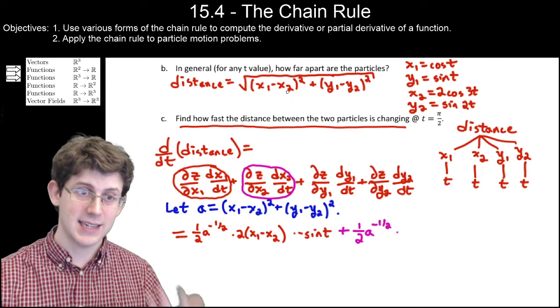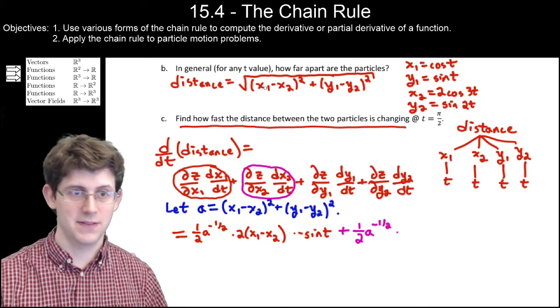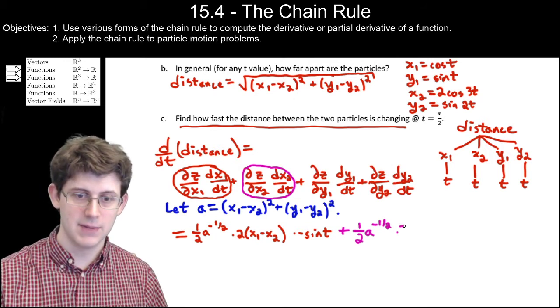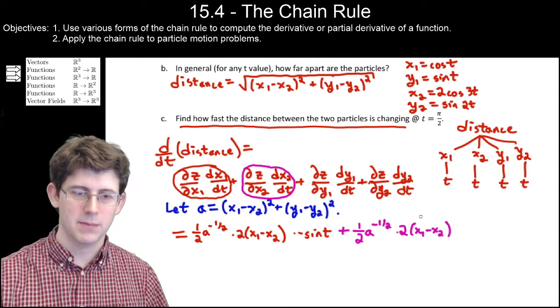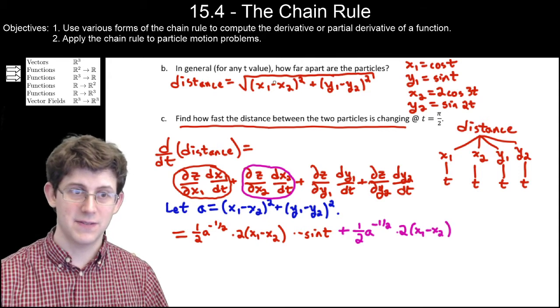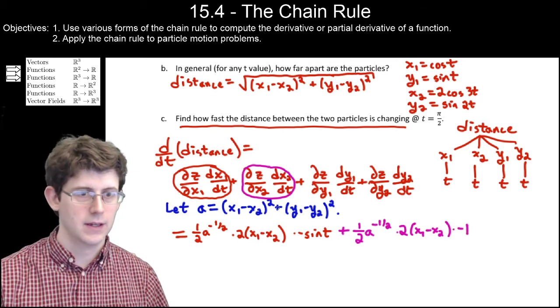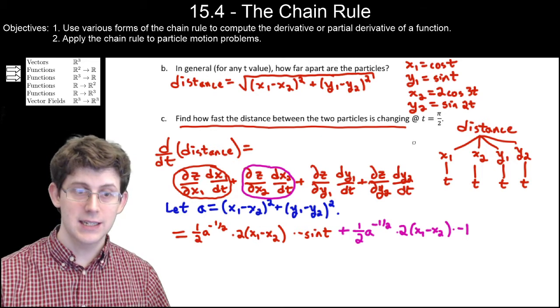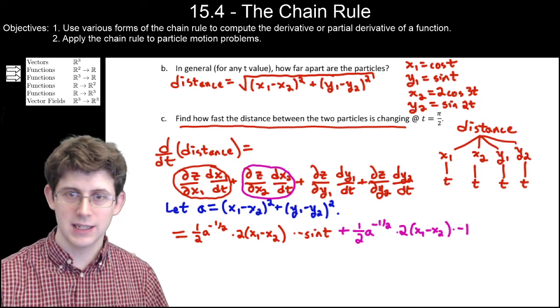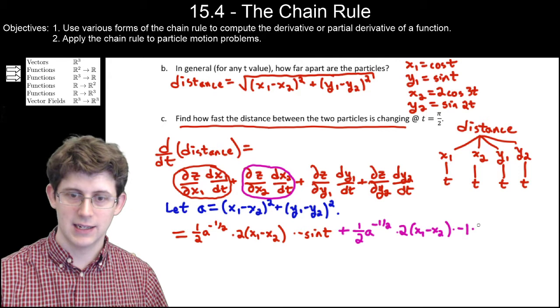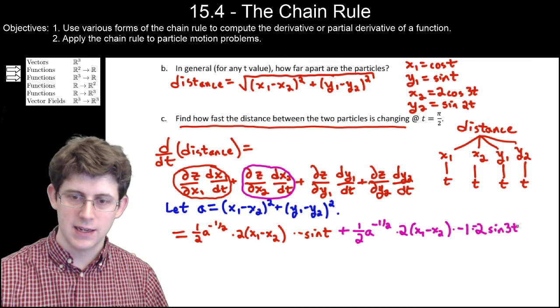Since x2 is the variable here, the derivative of the inside here is almost exactly the same. It's 2 times (x1 minus x2), but the derivative of the inside has another minus 1. Then I need dx2 dt. dx2 dt is kind of a mess. I get minus 2 sine 3t times 3.